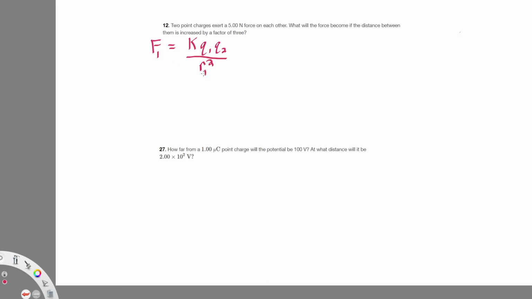So at the first amount of separation, they exert a force of 5 newtons on each other. So what happens if we triple the distance between them?